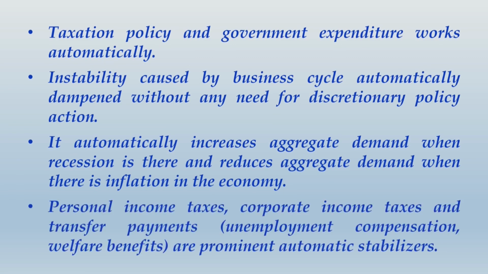Personal income taxes, corporate income taxes and transfer payments, unemployment compensation, welfare benefits could be example of transfer payments, are prominent automatic stabilizers. So please write up this whole thing about non-discretionary policies or automatic stabilizers, and then we shall move ahead.